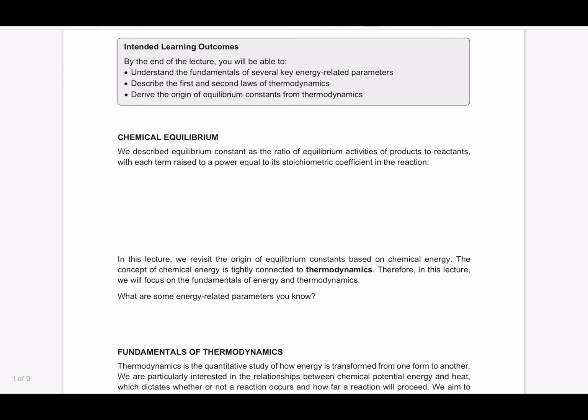We had this general terminology for describing a reaction, which has some stoichiometric coefficients, some reactants, and some products.